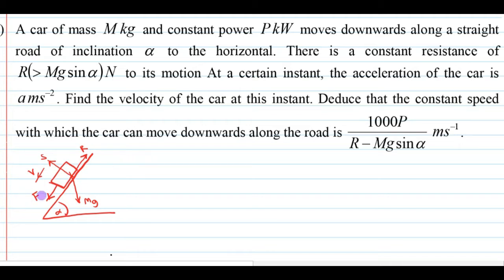F, tractive force, V, speed of car. Applying P equals Fv, we have F equal to P times 1000, P kilowatt, P times 1000 divided by V.